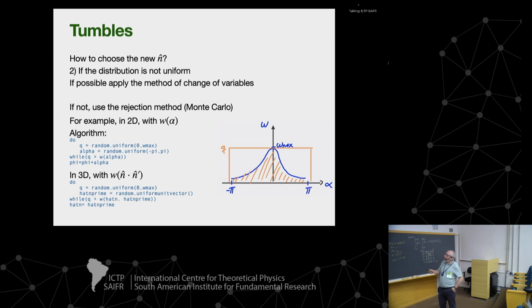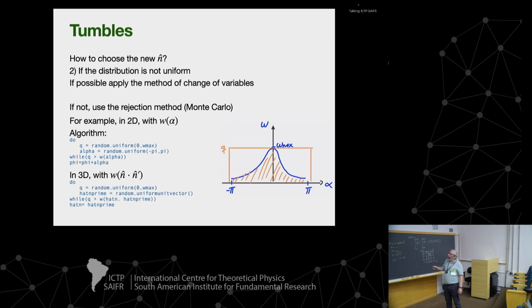So the algorithm is very simple. It's called the rejection method. You do a do-while loop. You choose a Q between 0 and W max, where W max is the maximum value of this probability distribution. You take an angle uniformly distributed between minus pi and pi.